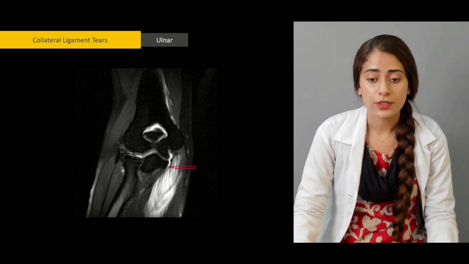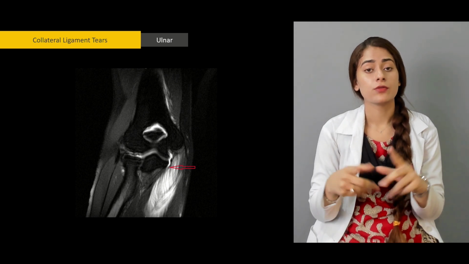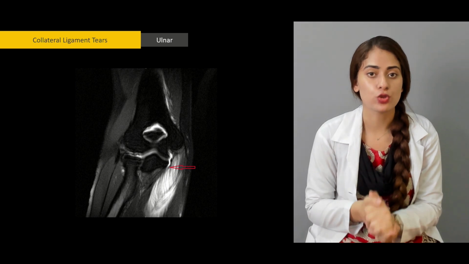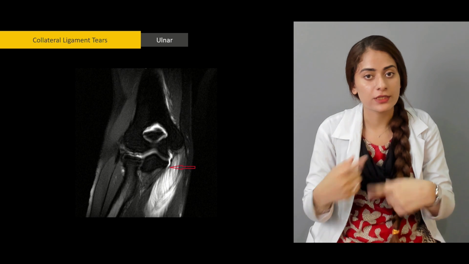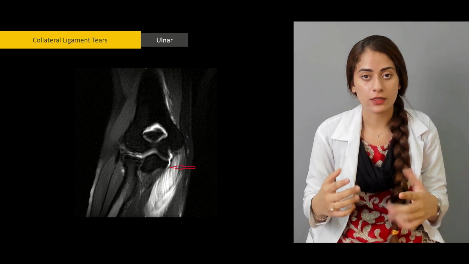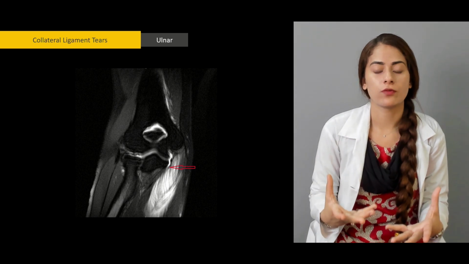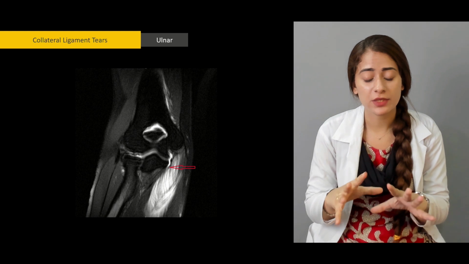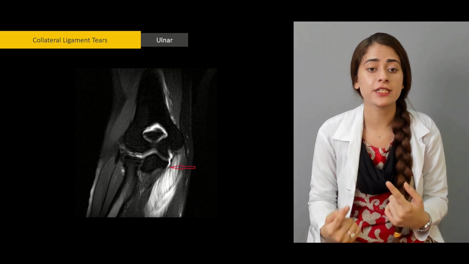So the rupture will result in instability. What happens with ligament ruptures is we have an unstable joint. Unstable joints result in wear and tear of the joint surfaces, which results in degeneration within the joint. These can be missed initially, and that is why we add them in the chronic conditions.